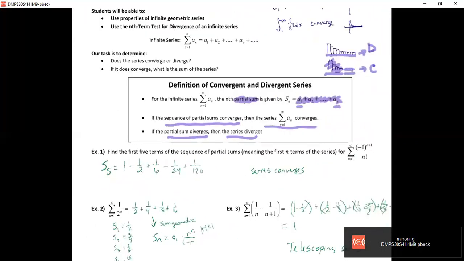So again, some skill-based stuff. Find the first 5 terms of the sequence of partial sums. So if we plug in 1, plug in 2, plug in 3, plug in 4, plug in 5, we have those 5 terms. This is what we call the 5th partial sum, the sum of those 5 terms.